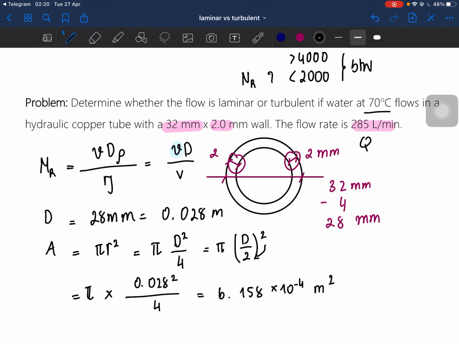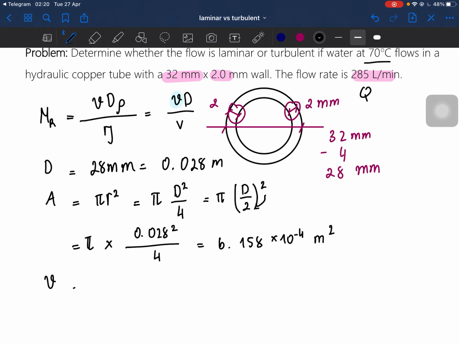Okay, so now we can find the v, which is the velocity, by Q over A. Yes, Q equals to AV. V here, I think we should write it as V because we have the viscosity. Sometimes viscosity is written as this cursive v. So now we have Q over A, and the value is 285 liter per minute.